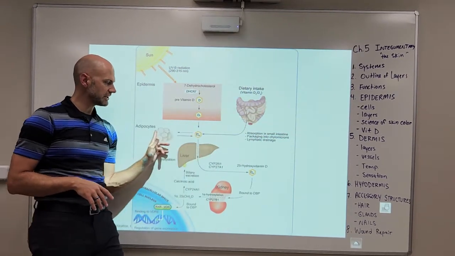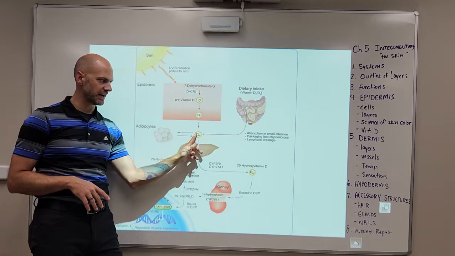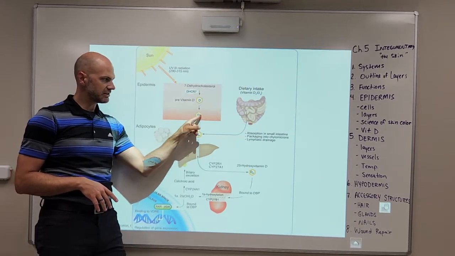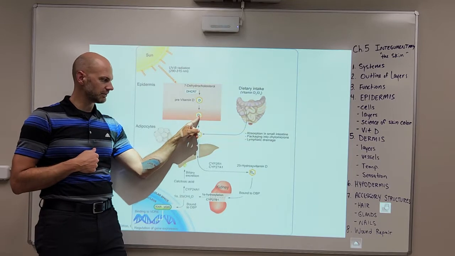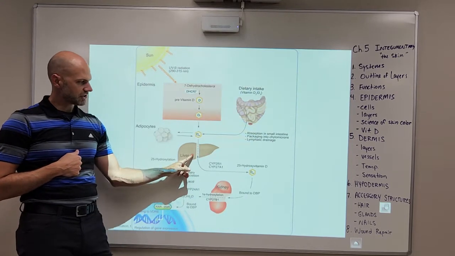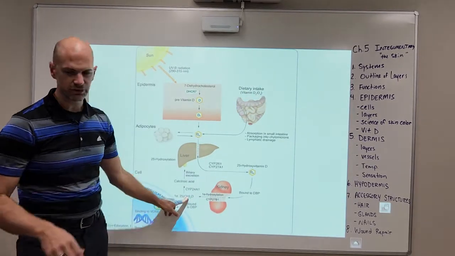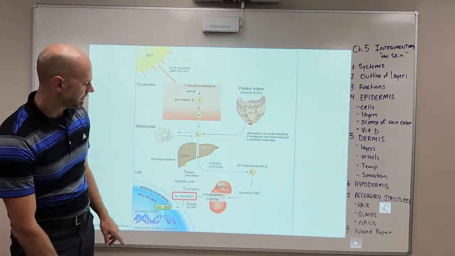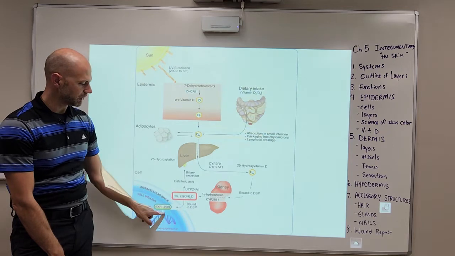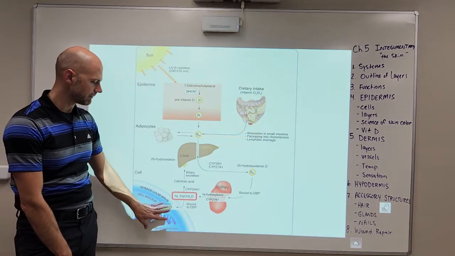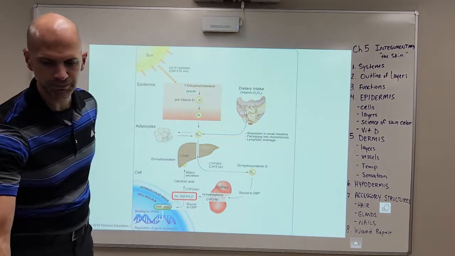Some of that can get stored in the fat, and so there's an exchange with our fat. But once we get to vitamin D3, cholecalciferol, we go to calcidiol, and then calcitriol, and then we get to this molecule here, which is the useful molecule for signaling through the receptors here that help us downstream.